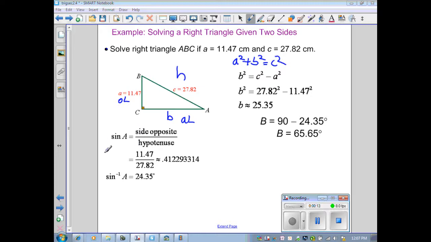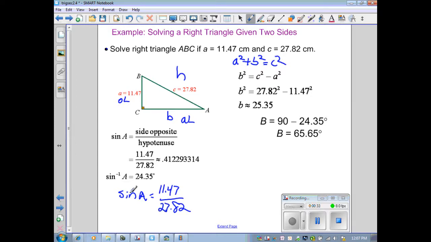So the way we set up that equation is the sine of angle A is equal to the opposite leg, which is 11.47, over the hypotenuse, which is 27.82.